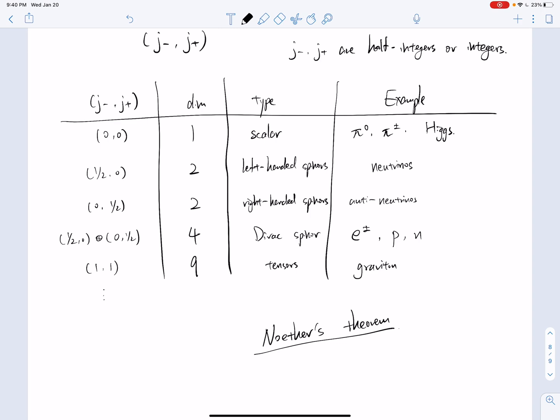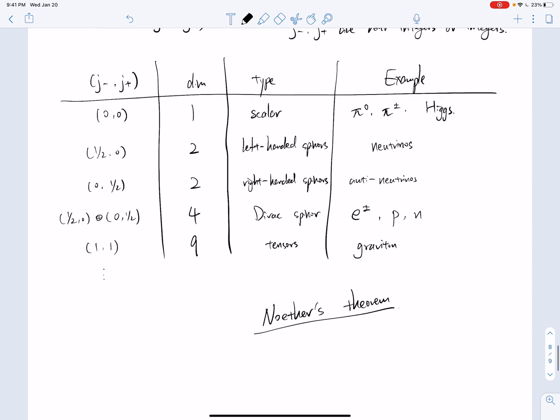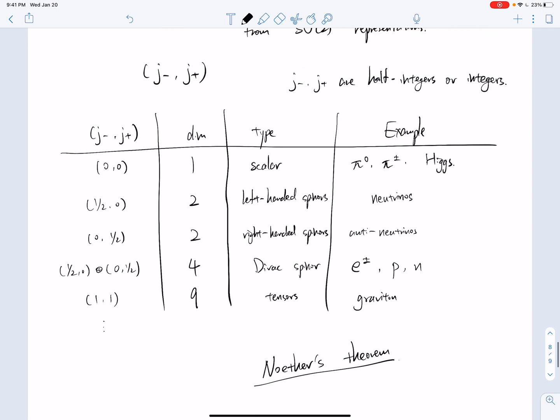It says the symmetry, which is represented by our groups, means that if something is invariant under a group transformation, then we call this a symmetry, and Noether's theorem says it represents the conservation of a physical quantity. It's a very beautiful theorem, and this is where this discussion should lead up to. However, that will be a very long discussion, and I'm not going to dive into it right now.